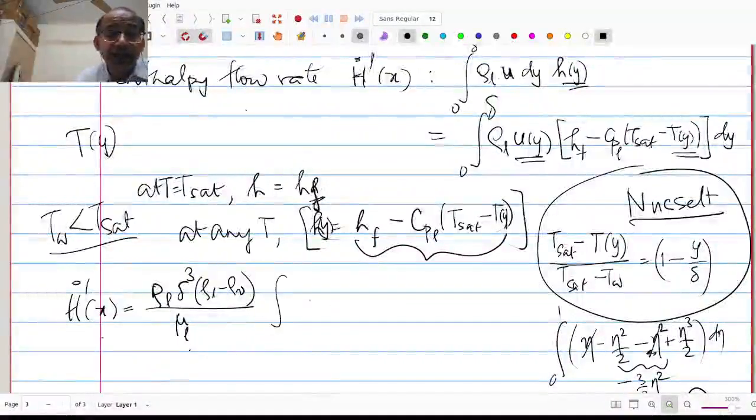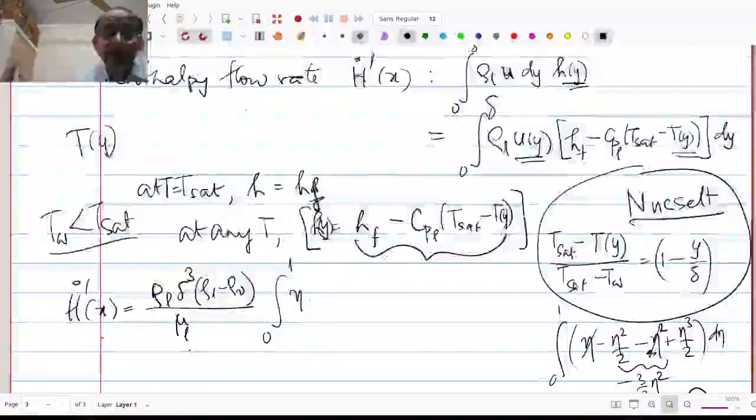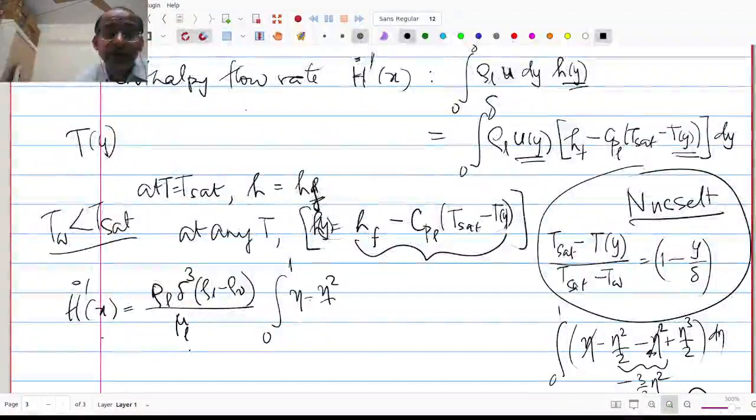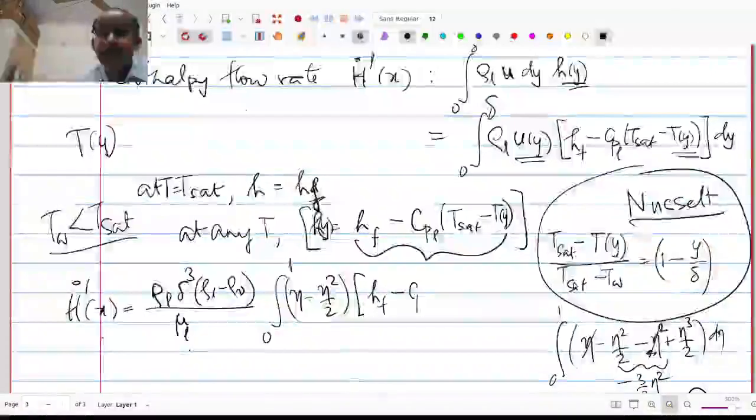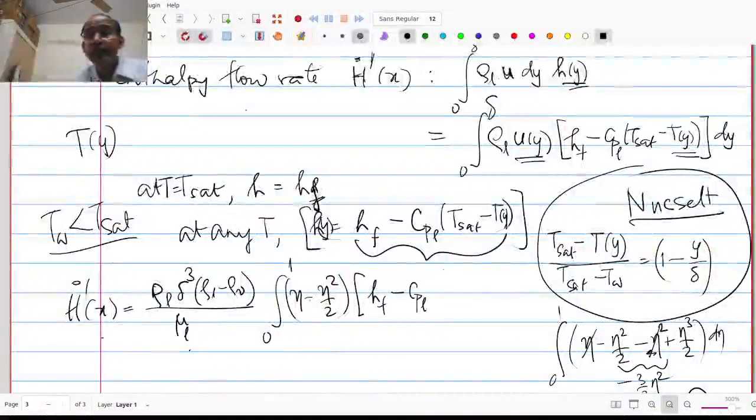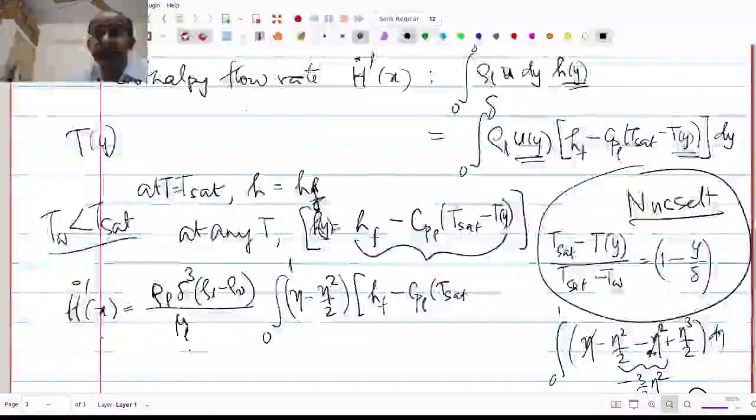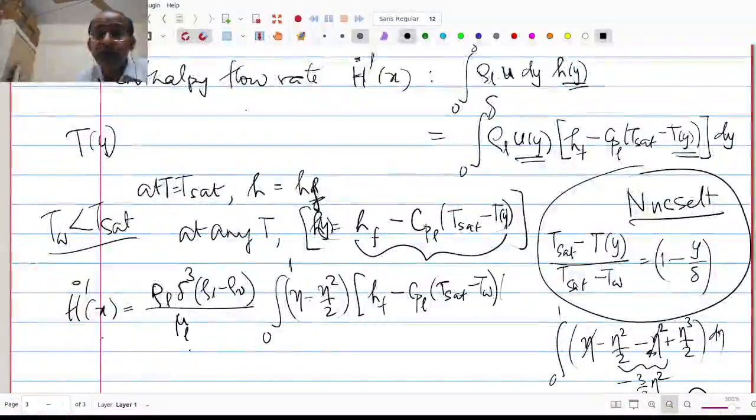So then I'll get an integral from 0 to 1 of eta minus eta squared by 2 times u, and then I'll have an HF minus CPL into Tsat minus Twall into 1 minus eta, d eta.